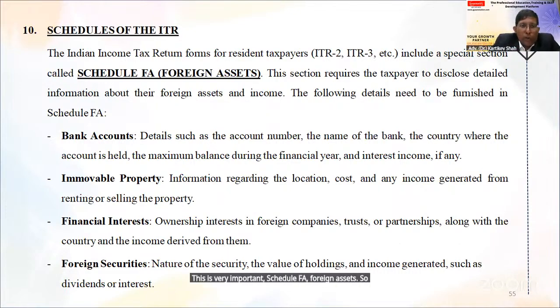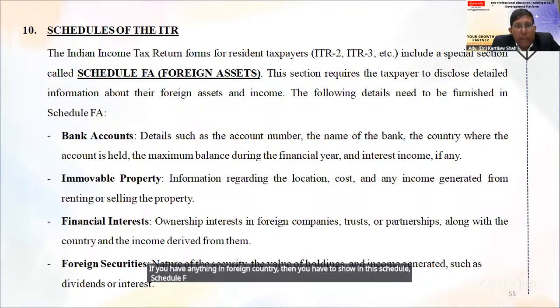So the assets, investments, or income that we have discussed earlier, if you have anything in a foreign country, then you have to show it in this schedule, Schedule FA, foreign assets.